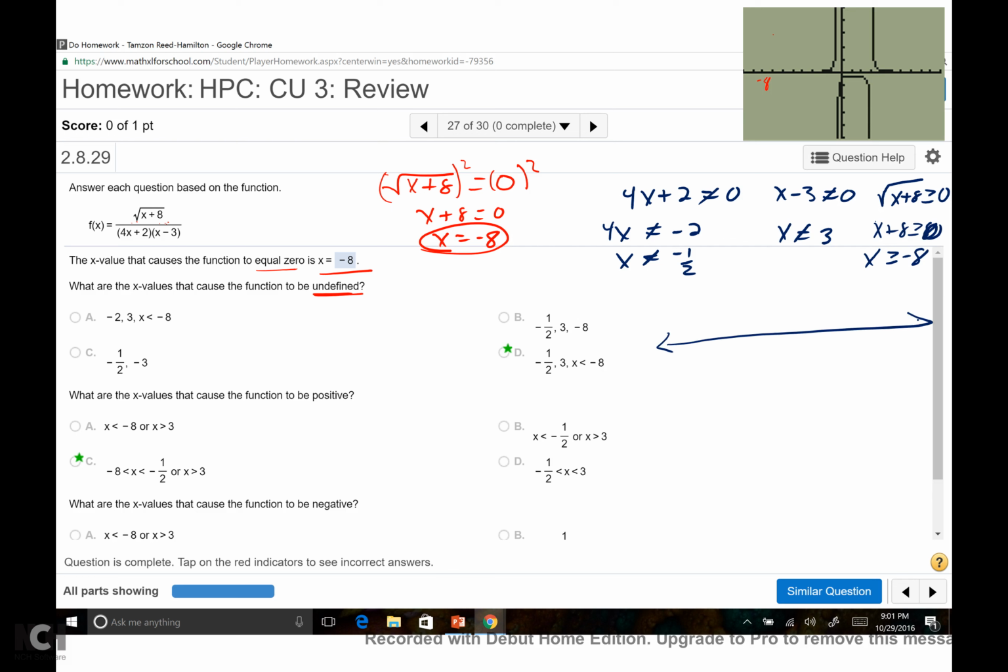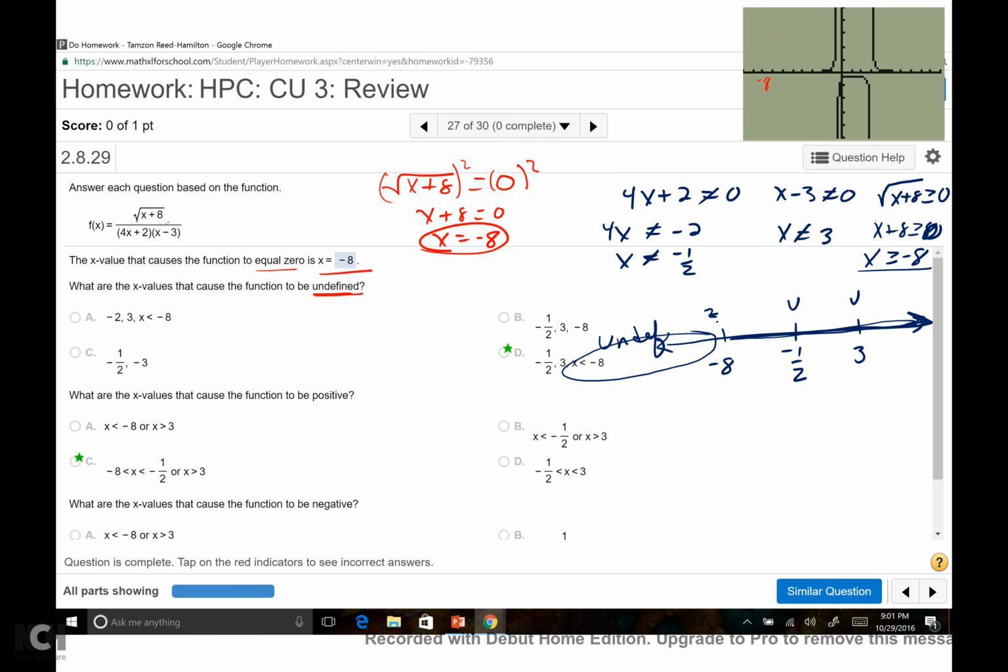So on my number line, I've got -8, that's a 0. I've got -1/2, that's undefined. I have +3, that's undefined. And everything back here is undefined. The reason is because this says x has to stay greater than or equal to -8, so the whole graph has to be over here, which means all of this is undefined.